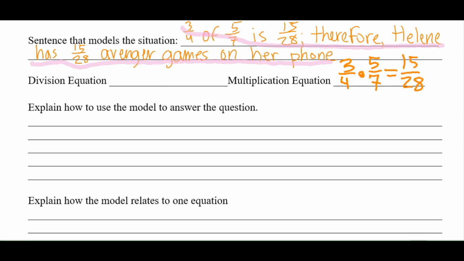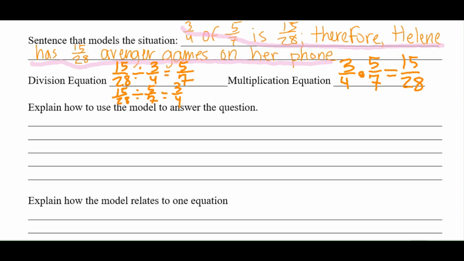And then the division is just the multiplication backwards. So 15/28 divided by 3/4 is equivalent to 5/7. And 15/28, this is another one you can have, divided by 5/7 is equivalent to 3/4. Do not put the reciprocal for the division.